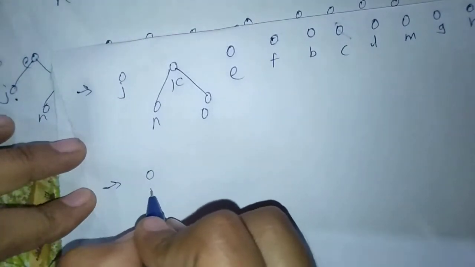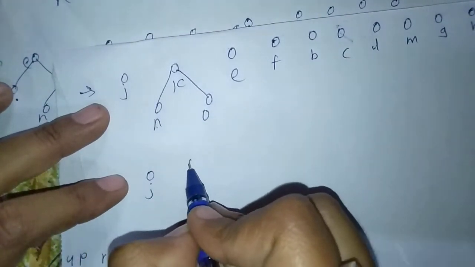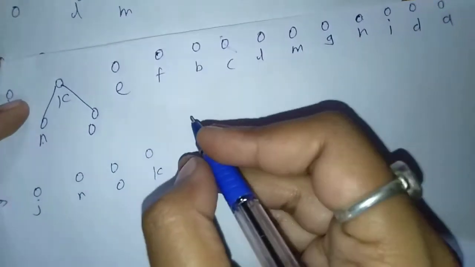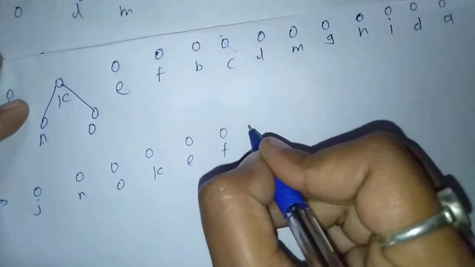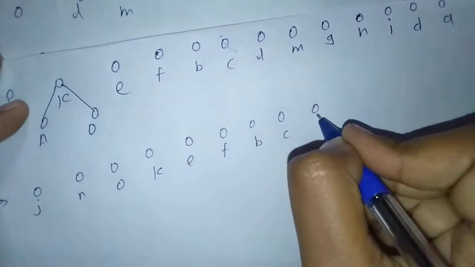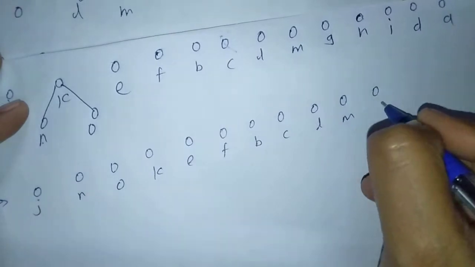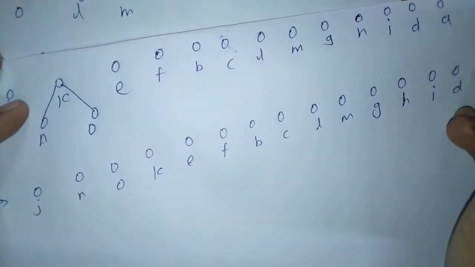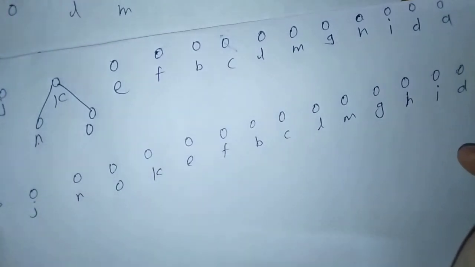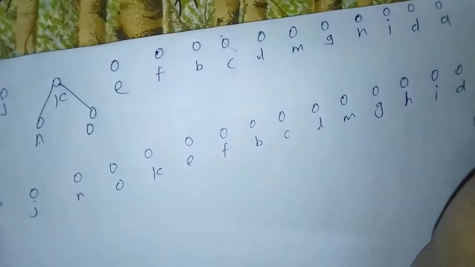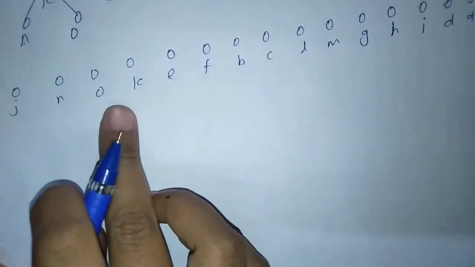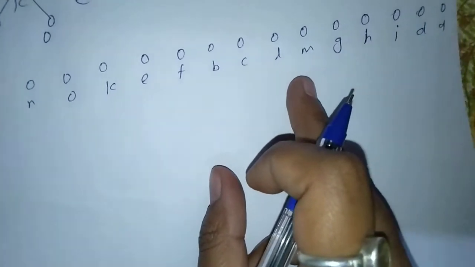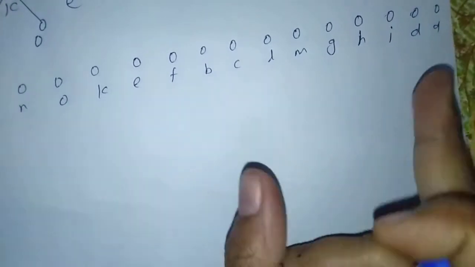Now take J as it is. Take N, O, root as it is K. Remaining as it is: E, F, B, C, L, M, G, H, I, D, A. So the order of postorder traversal is nothing but D, J, N, O, K, E, F, B, C, L, M, G, H, I, D, A.